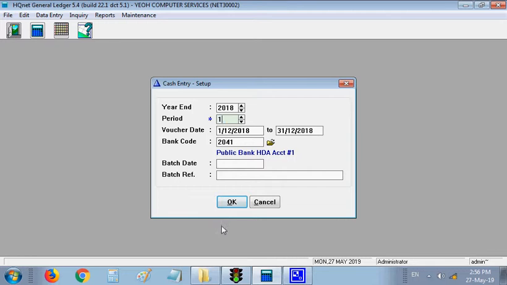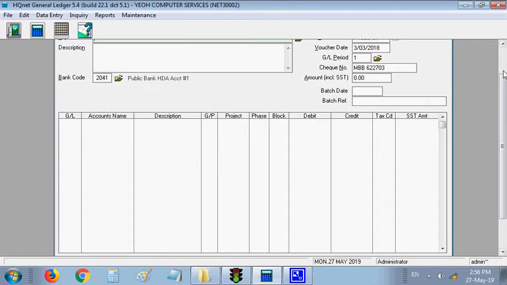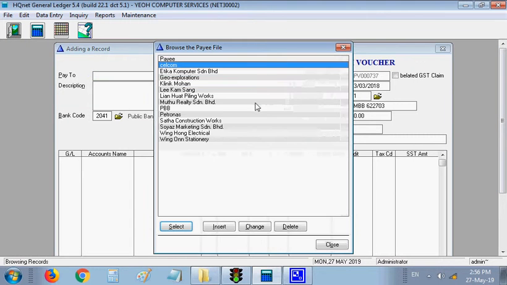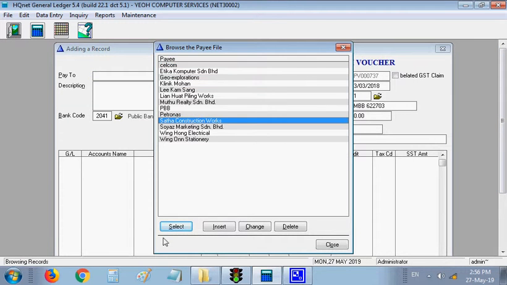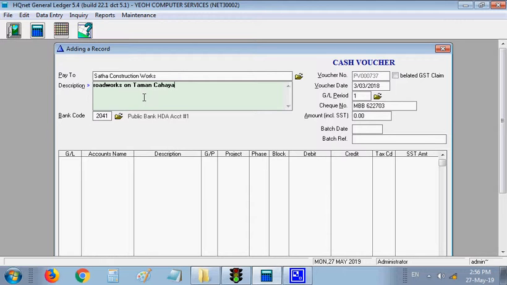Now prior to the charge out, we'll probably have some transactions on a monthly basis. For example, you might, let's say, want to make payments to SATA on roadworks. Maybe this costs you 40k.